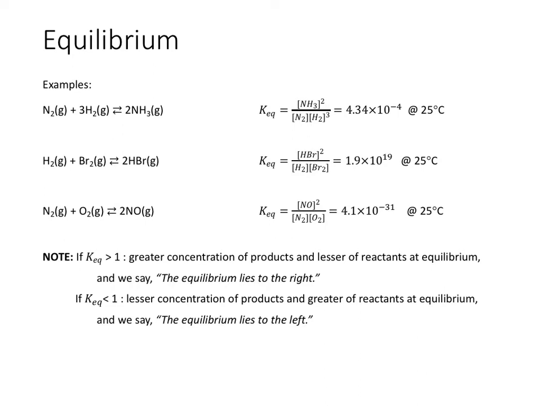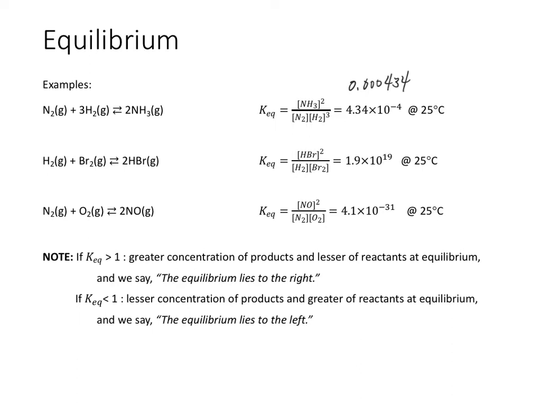So if we look at N2 plus 3H2 to make 2NH3, notice that the equilibrium constant is a small number, 4.34 times 10 to the minus fourth. If we write that out as a decimal, we get 0.000434. That's a small number.